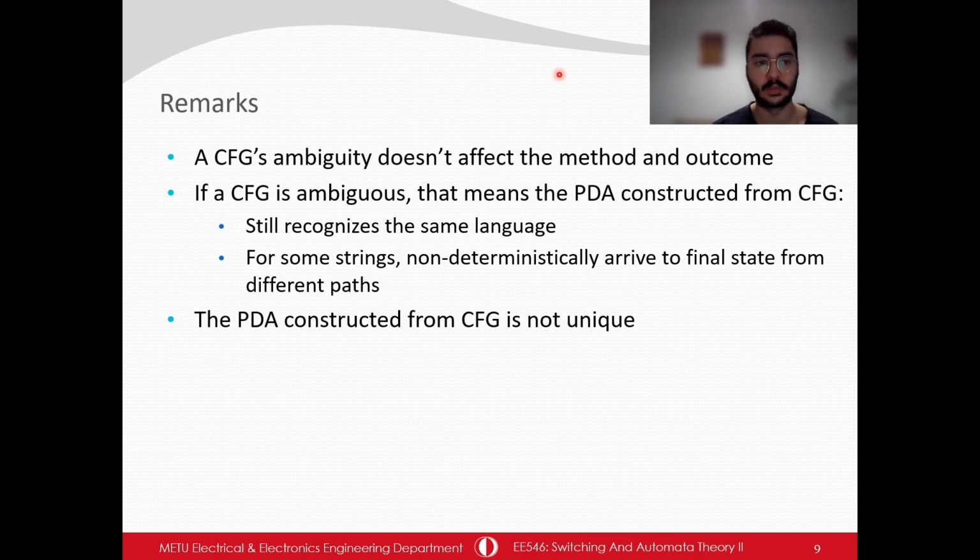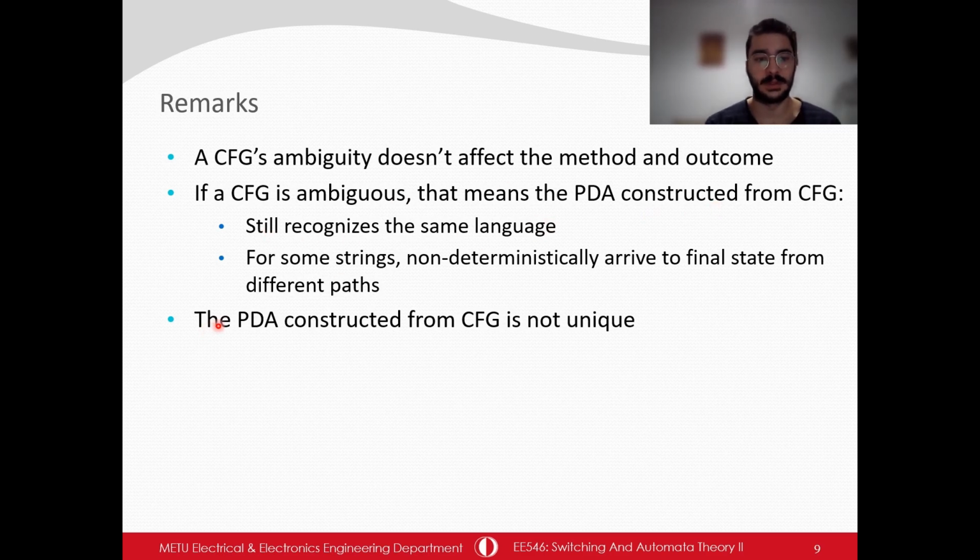Final remarks: a CFG's ambiguity doesn't affect the method and the outcome. It just means that for some strings you non-deterministically arrive at a final state simultaneously, but from different paths, taking different transitions in different order. But this does not affect the outcome. It still recognizes the same language.